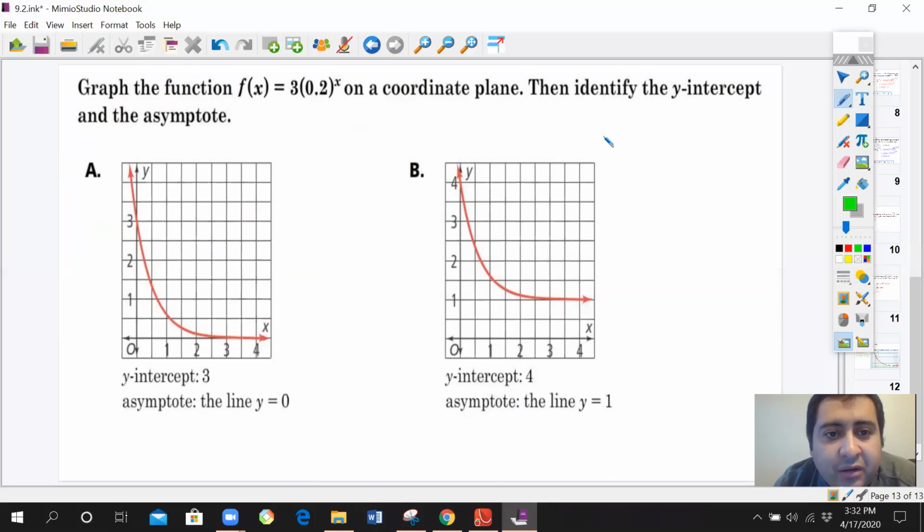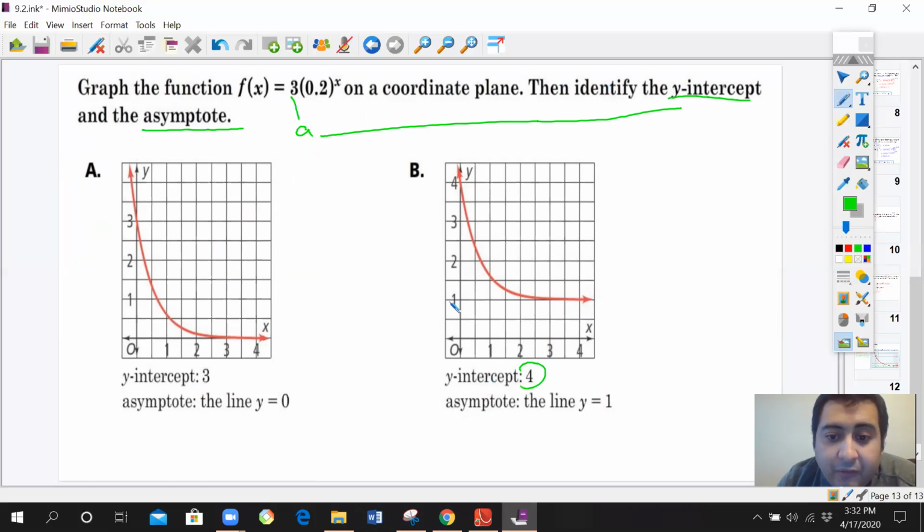The graph of function f of x is 3 times 0.2 to the power x on a coordinate plane. Then identify the y-intercept and the asymptote. All right, let's look at A and B. Initial amount, your a, this is your y-intercept. So 3 is your y-intercept.